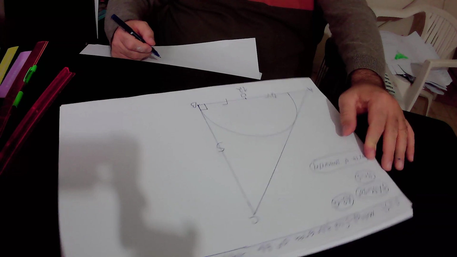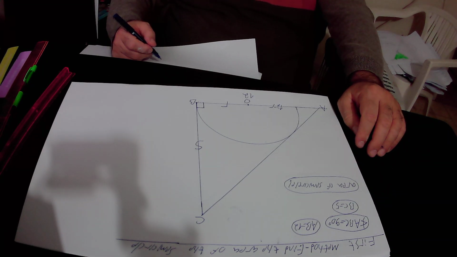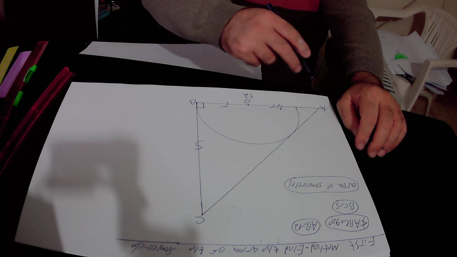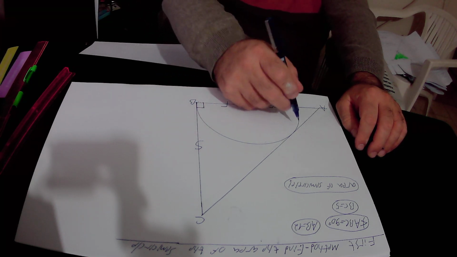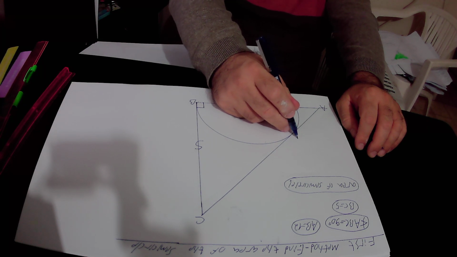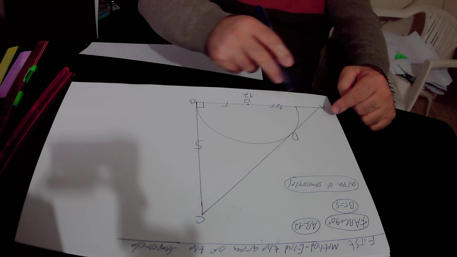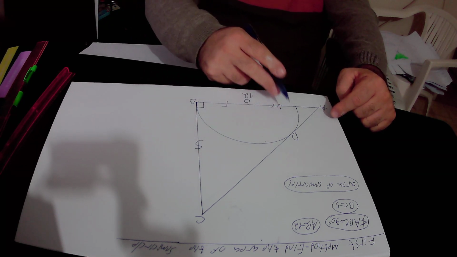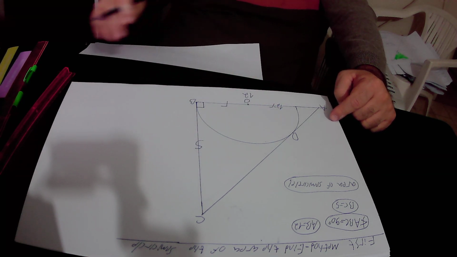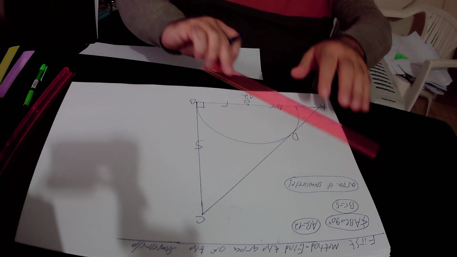and we will define the touching point between AC and the semicircle. This point is point D. Point D is the point of tangency of tangent AC with this semicircle. In the next step, we will join together points D and O by a straight line.